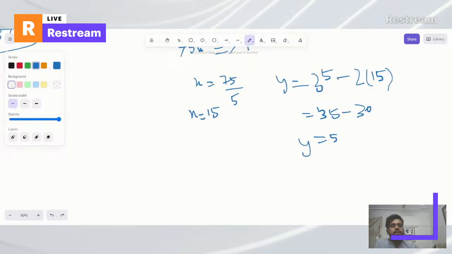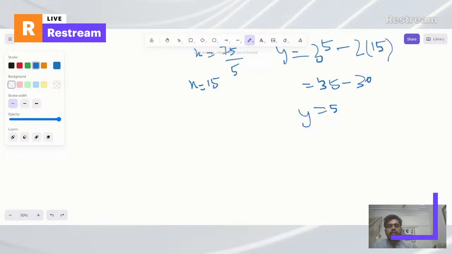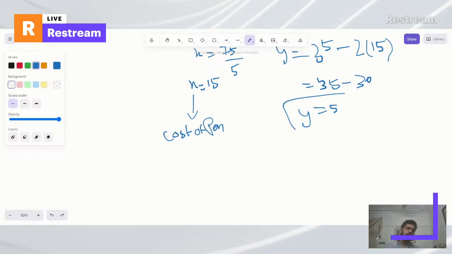So the value of y is 5, the value of x is 15. So x was pen and y was eraser. So this is the cost of pen, and now this is the cost of eraser.